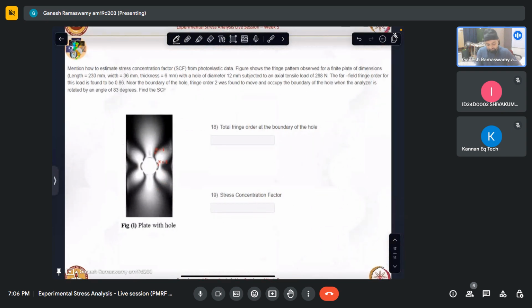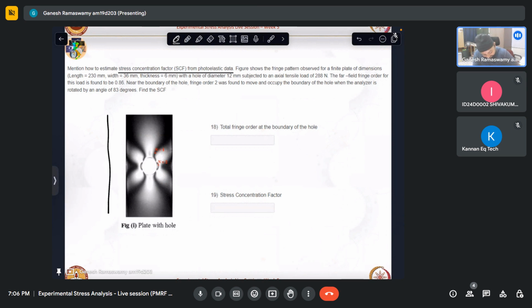Okay, so let us look at this question. Mention how to estimate the stress concentration factor from photoelasticity data. The figure shows a pattern observed for a finite plate of dimensions length.